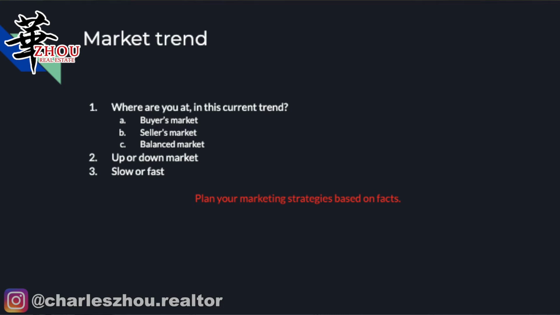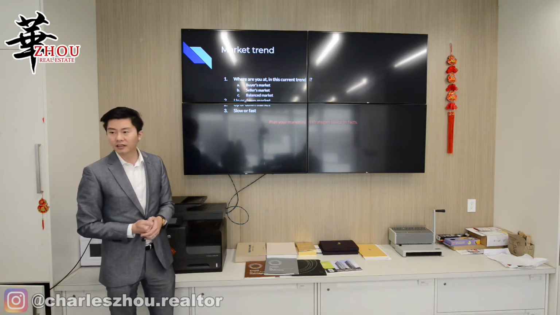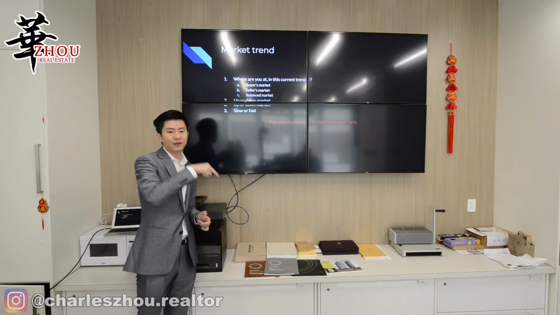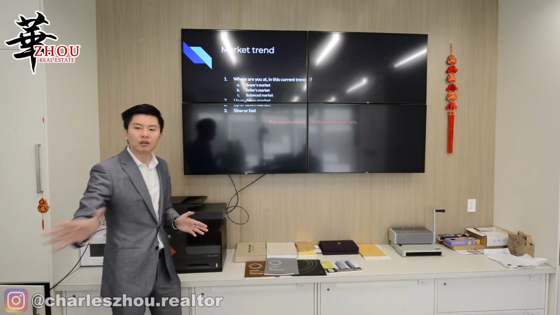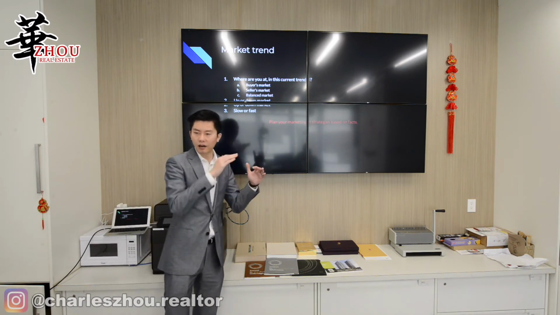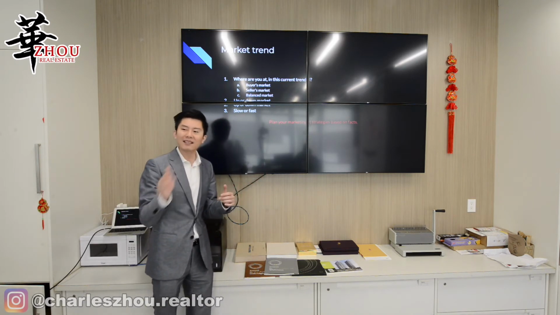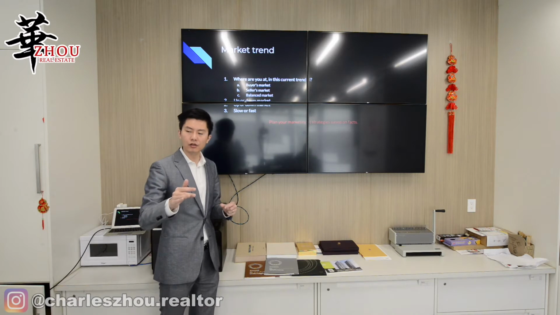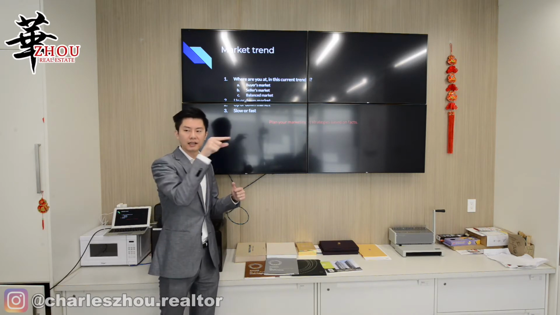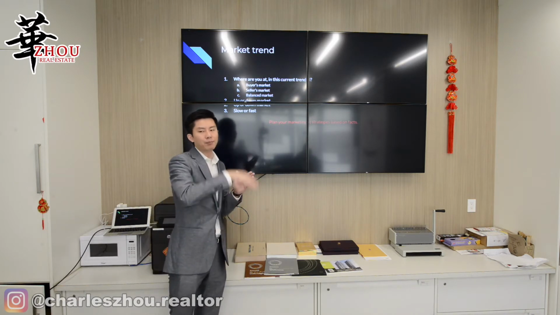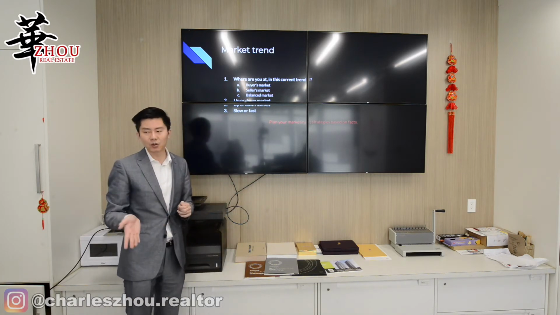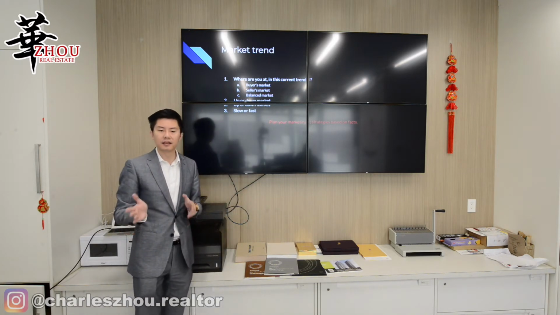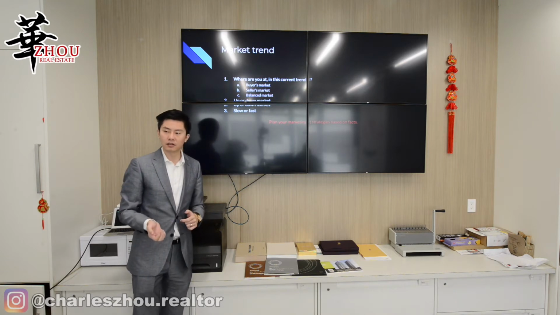First, we're going to talk about market trend. Where are you at in this trend? You know, trend is going up and down, right? You have to be able to tell, but don't tell the client where you are in the trend. You ask the client to tell you where they think the market is. Is it a going up market or a going down market? Asking questions is better than telling them the answer.